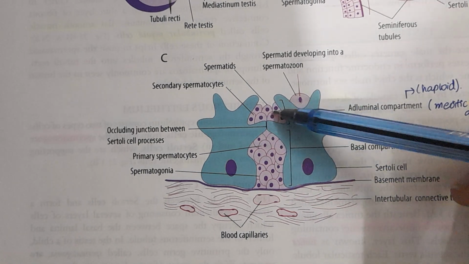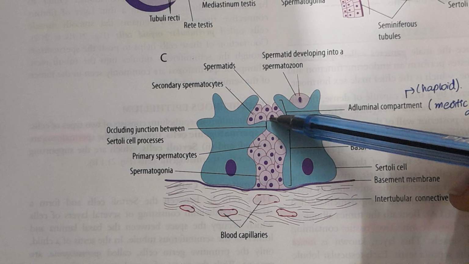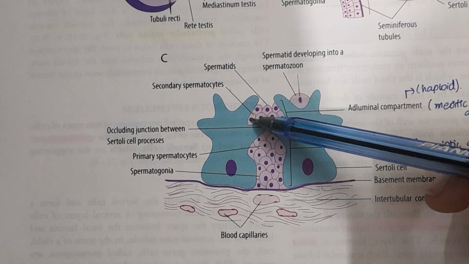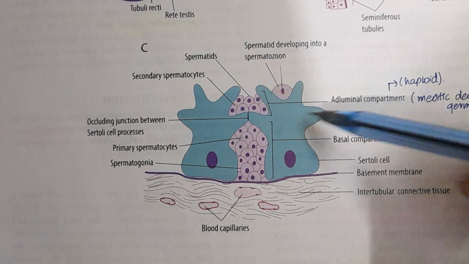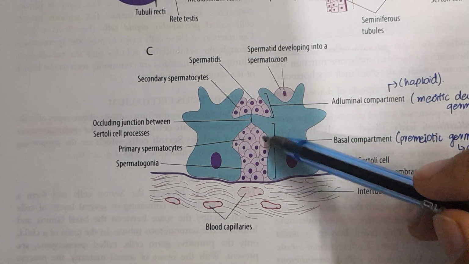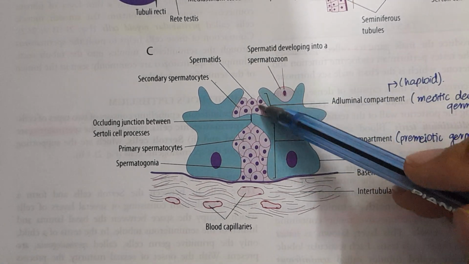Then this region is going to have the secondary spermatocytes and the spermatids, as you can see. You can also label this as the basal compartment and this as the adluminal compartment.